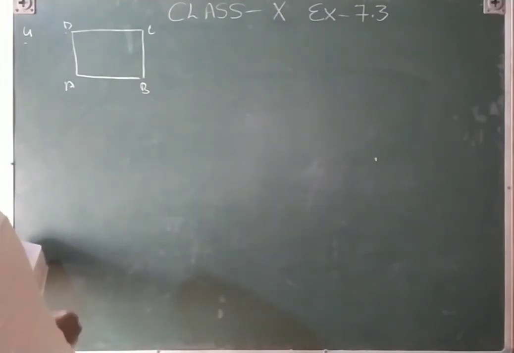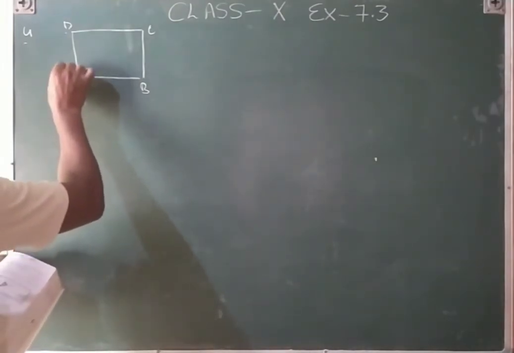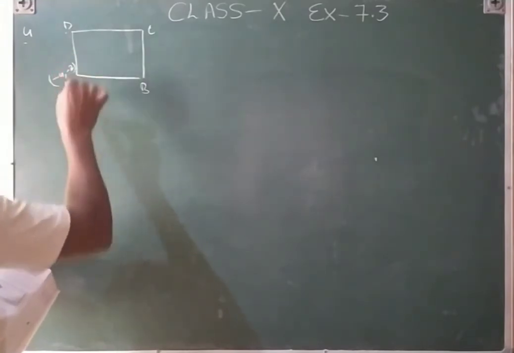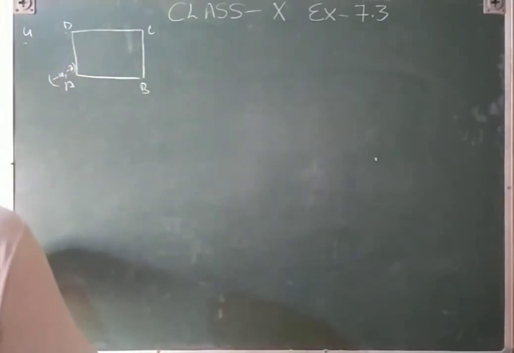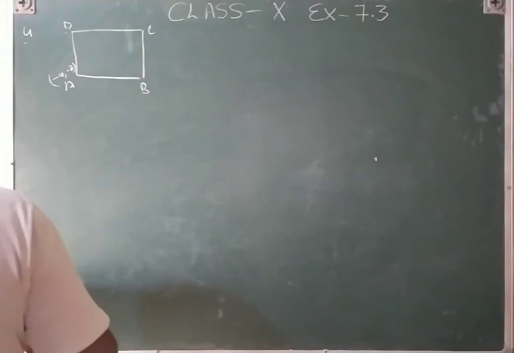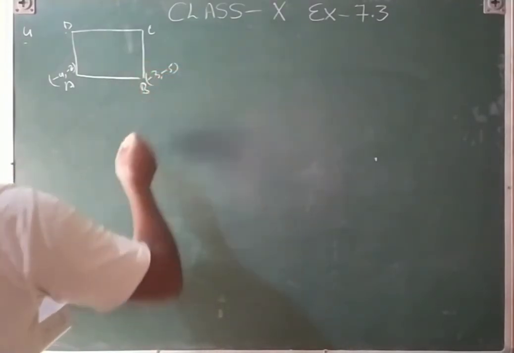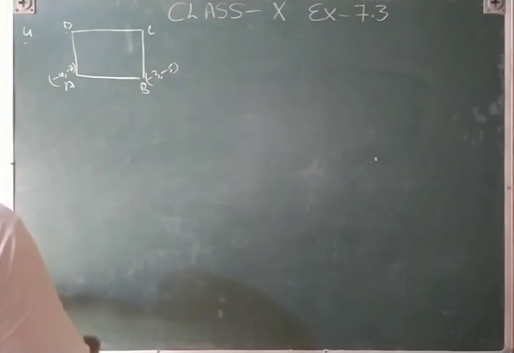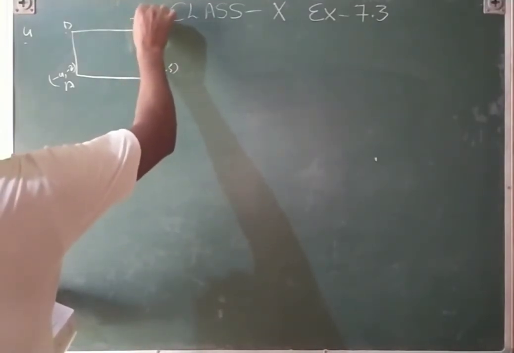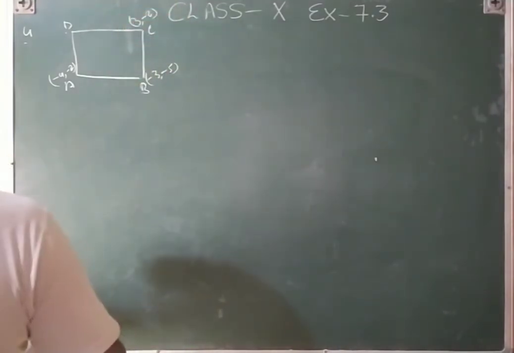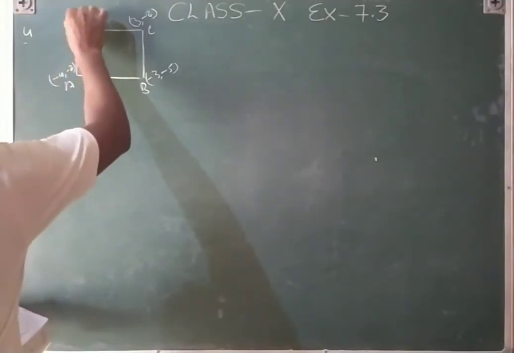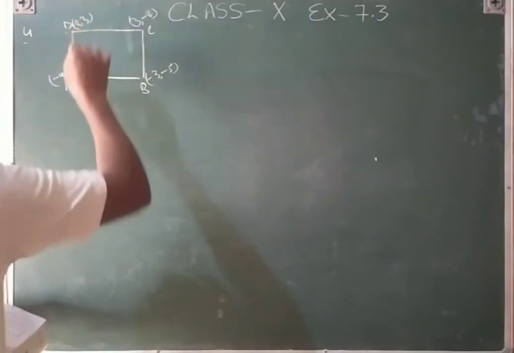A is minus 4, minus 2, and then second is minus 3, minus 5, and then next is 3, minus 2, and then next is 2, 3.